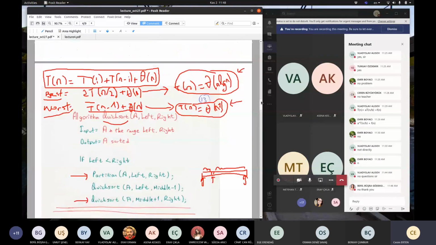We have seen that merge sort and heap sort have the same running time, n log n, no matter what. They don't have any worst case or best case. And quick sort's best case is n log n, and average case is also n log n.